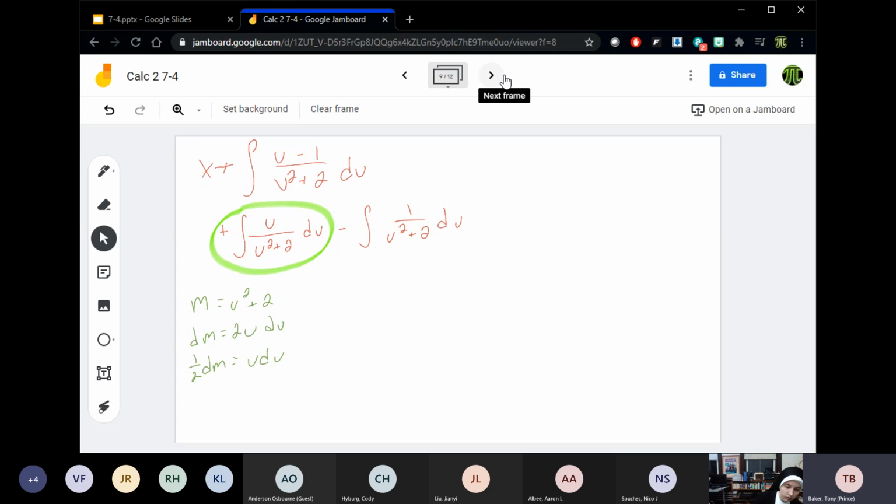So this integral right there becomes the 1/2 out front, the u is gone, and it's just 1 over m. So this becomes 1/2 ln of u squared plus 2. Oh, did I miss the, I forgot to write the 1/4 in front.